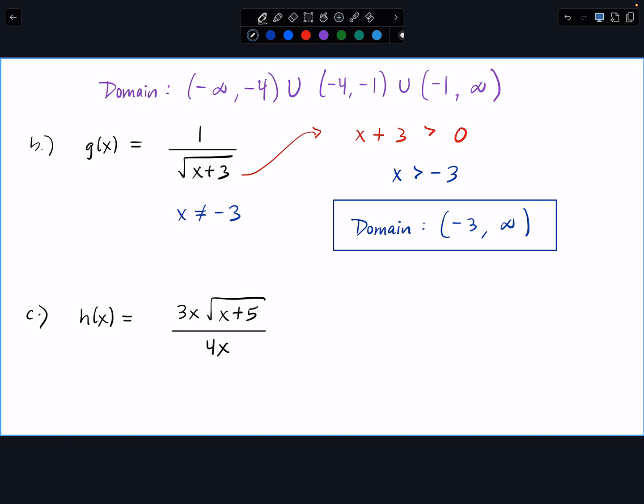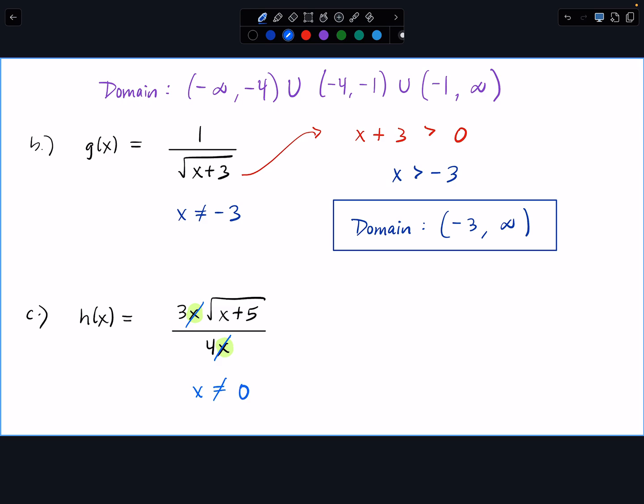Does anybody notice anything? The x's cancel, good. So what does that mean about my graph? Do you guys remember? If a factor cancels, that means there exists what? A hole. That means that x cannot be 0.